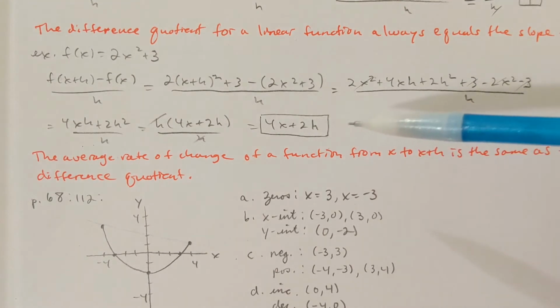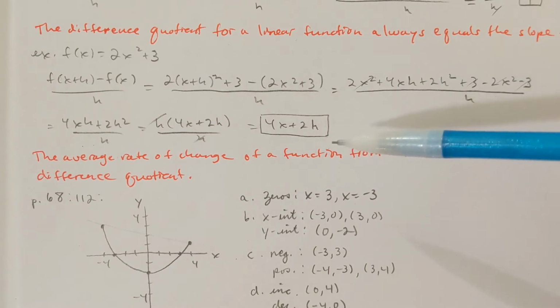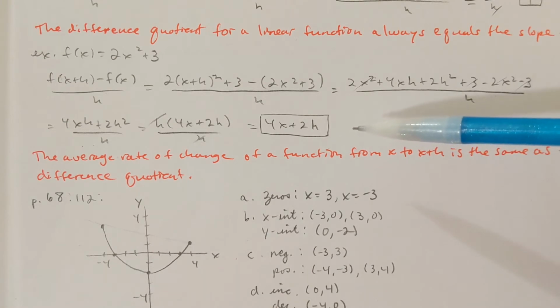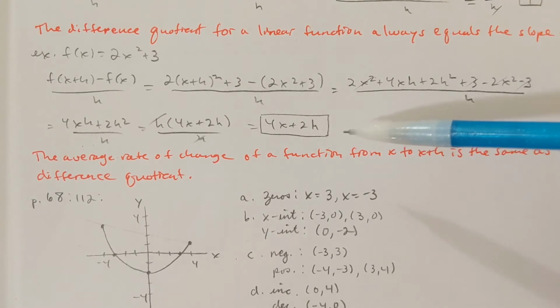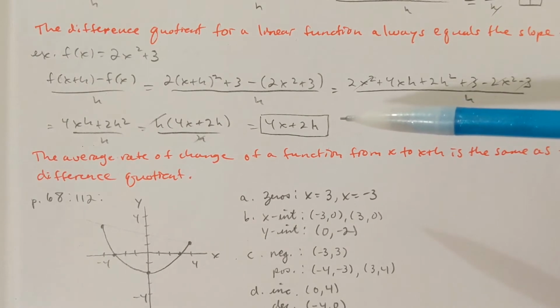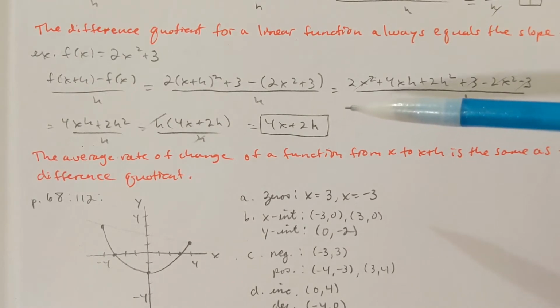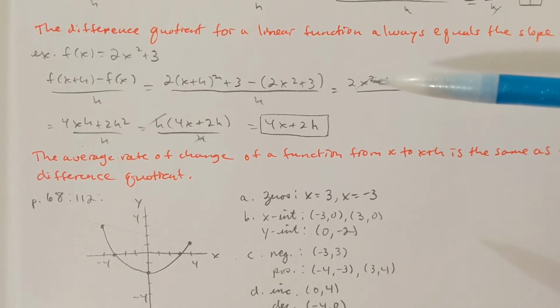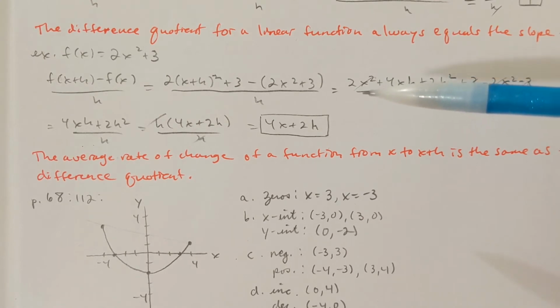Okay, 4x plus 2h. In general, you're always going to get something involving x or h if you don't have a line. Now this would be a curve, and I'd be drawing a line starting anywhere and ending anywhere.